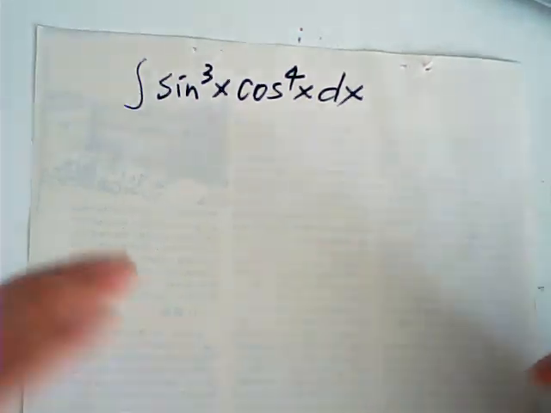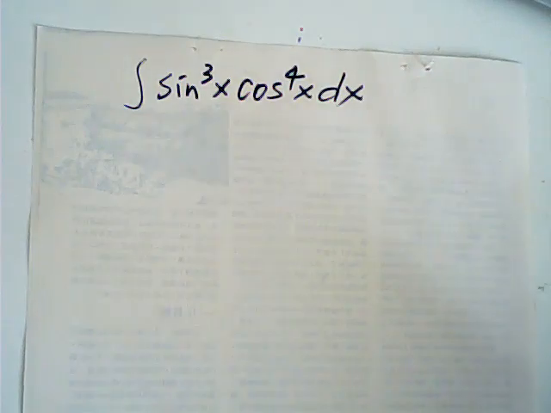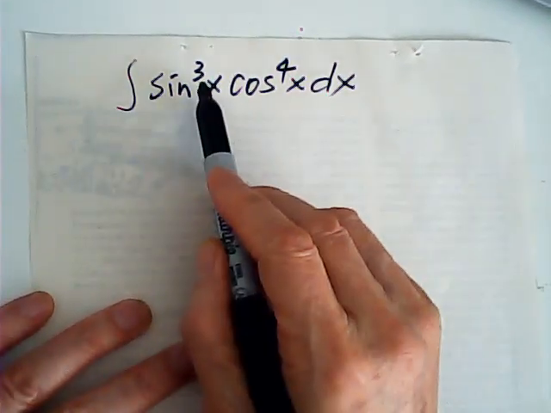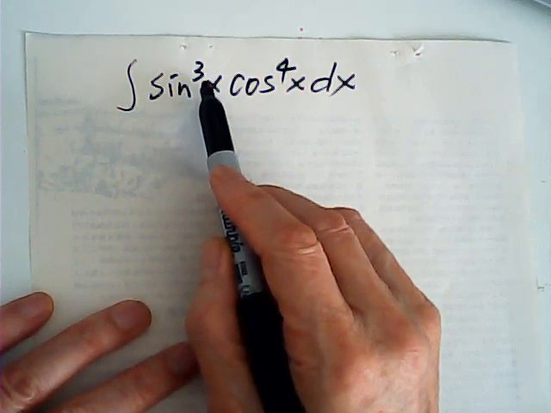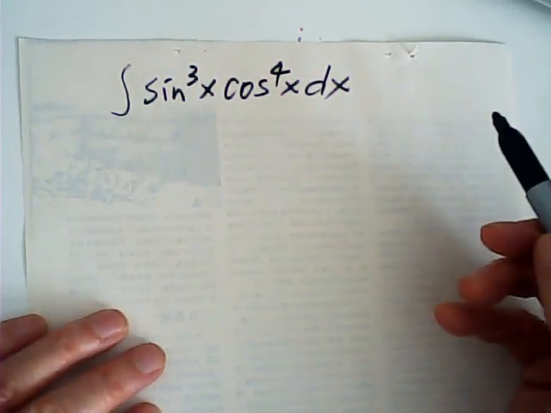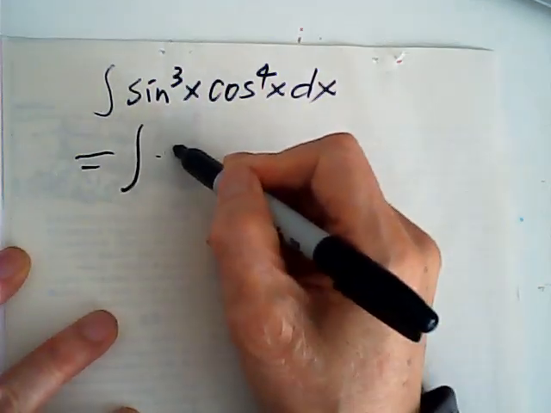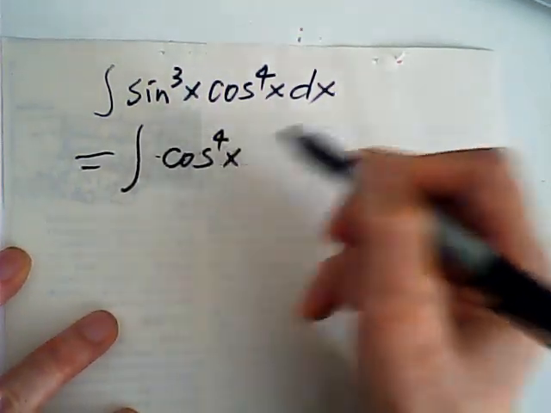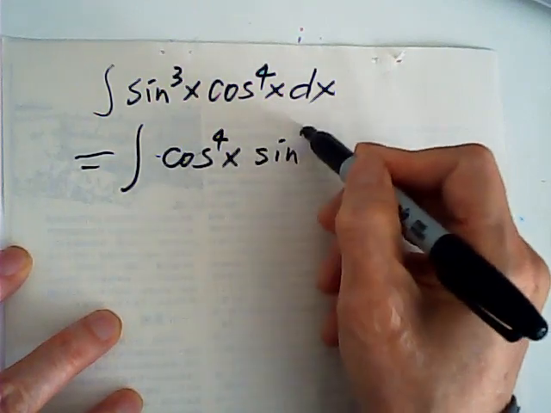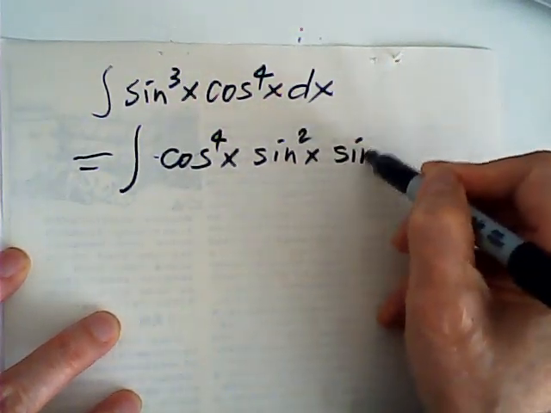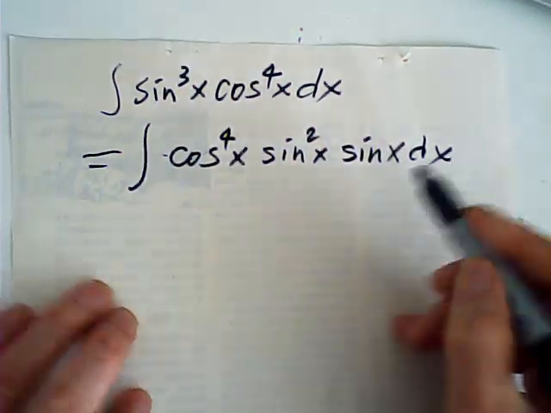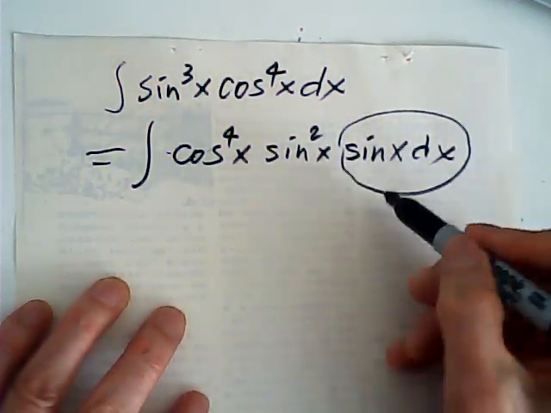Now here, I know which one I'm going to do. Because this is odd, I can change the structure, right? This becomes cosine^4 x sine^2 x, right? And sine x dx.